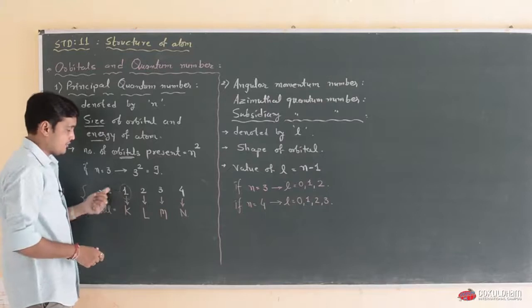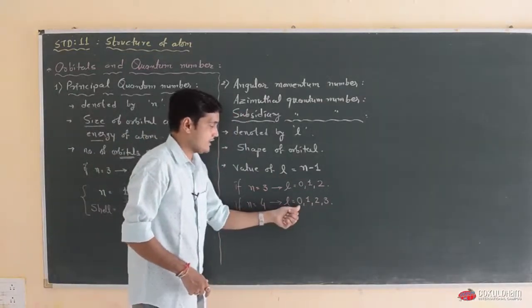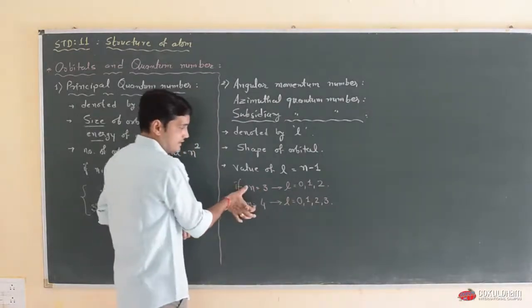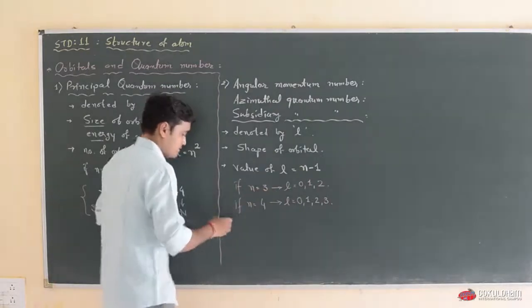So for the first orbit, n is equal to 1, and in this angular momentum we can add 0. This is one example for calculation of subshell.